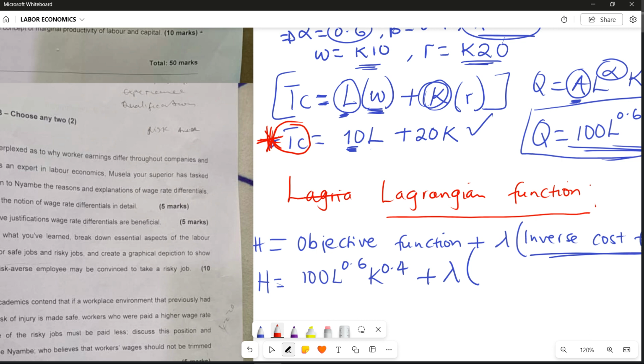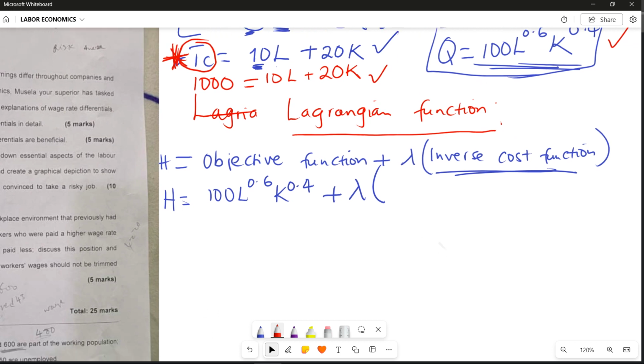So the total cost is 1,000. So 1,000 is equal to 10L plus 20K. That is our cost function there.